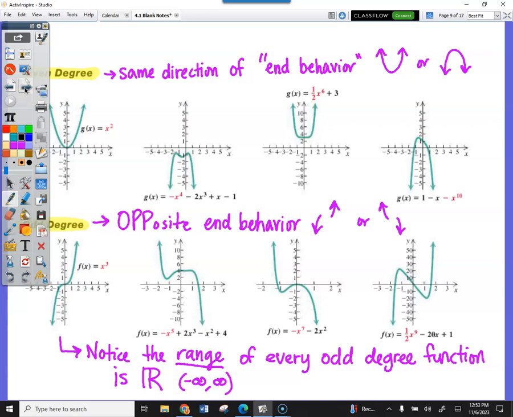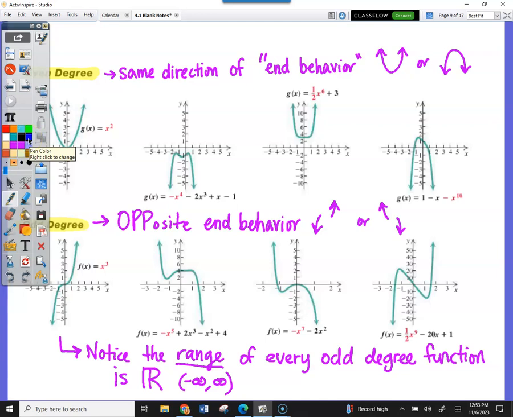They have the same end behavior. They either both go up or they both go down. Now the difference is, notice the curves in between, right? There's curves in between. That's the difference between a second degree, fourth degree, sixth degree, eighth degree, tenth degree, and so on. And actually, to give you a preview of what's to come eventually, we're not doing it right now, but it's kind of neat.